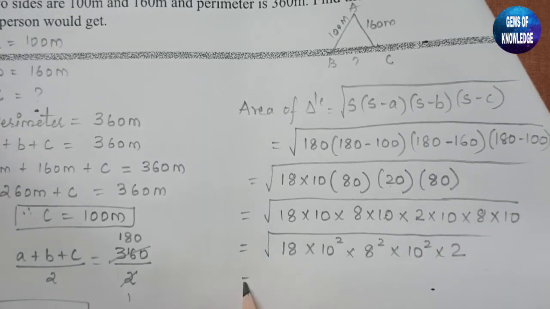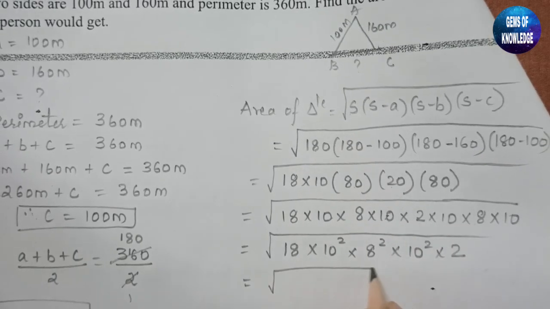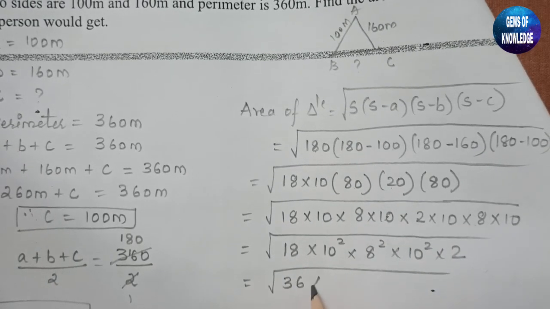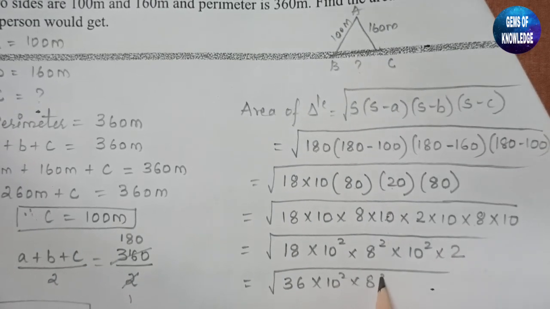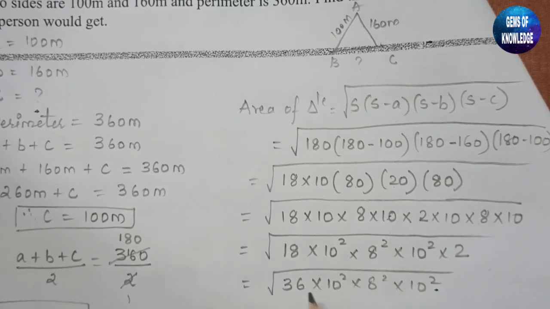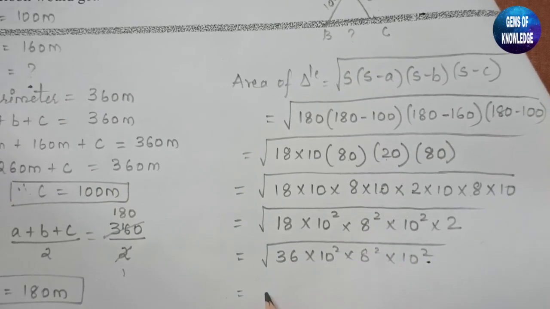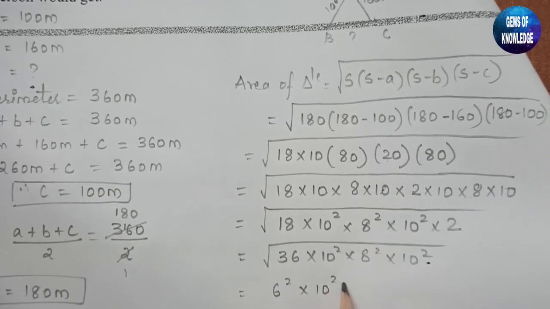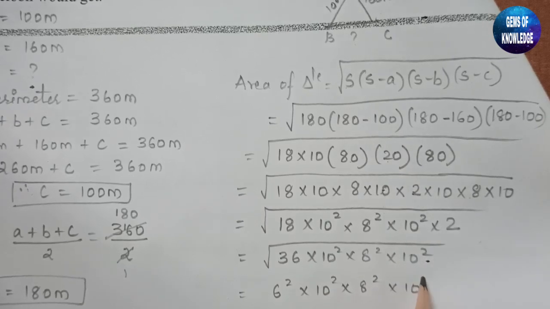Now 18 twos are 36. So 36 into 10 square into 8 square into 10 square. So 36 can be written as 6 square, since 6 sixes are 36.